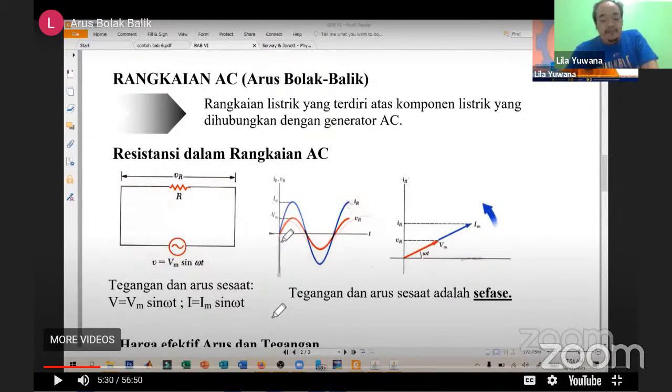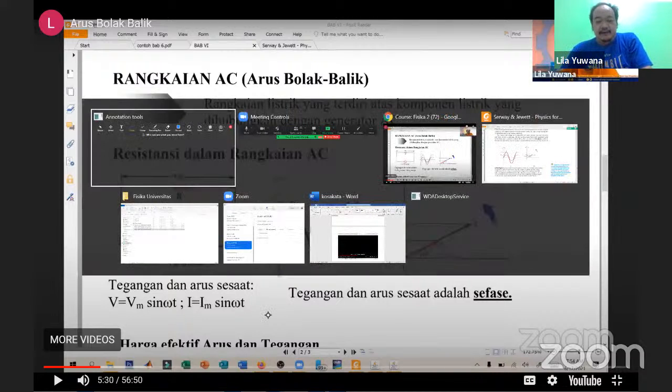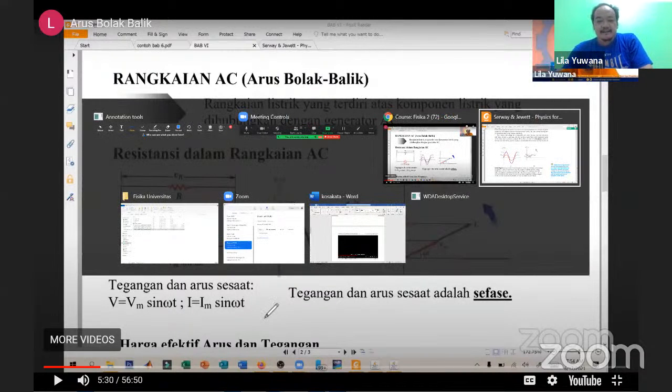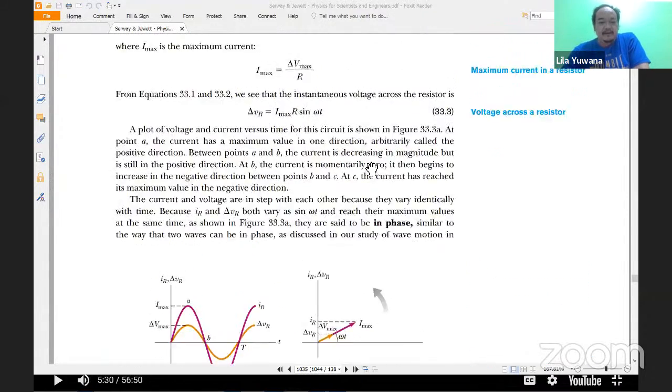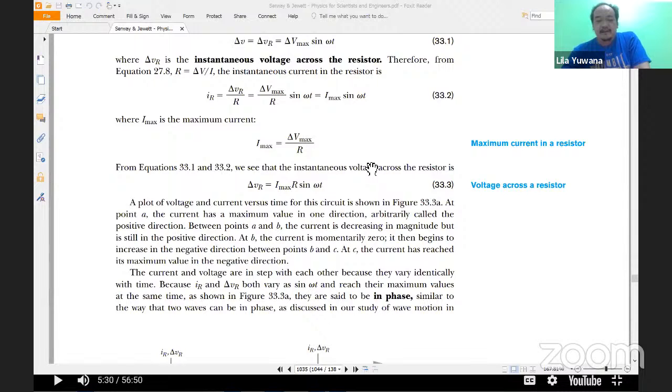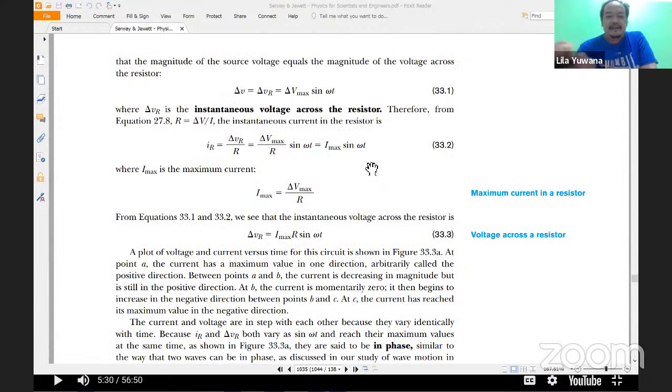And easily we can write this. So we have this one. This is the mathematical expression of the voltage.